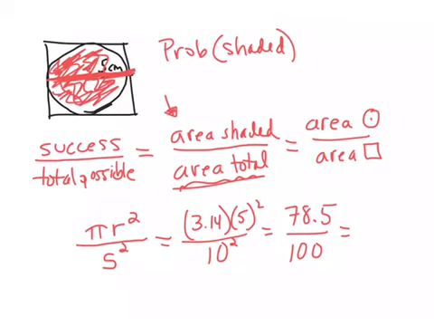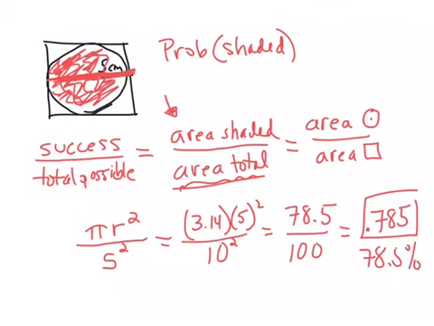And so when I divide these out, if they want a probability, it's going to be about 0.785. And that kind of makes sense. Not that these are always drawn to scale, but my circle takes up a big chunk of that square. So it makes sense that it's close to 100%, or you could count this as 78.5%. It's almost 100% full with the circle, but not quite.